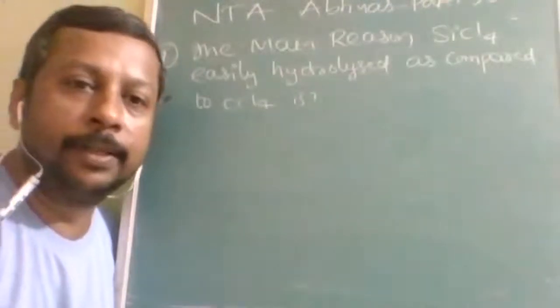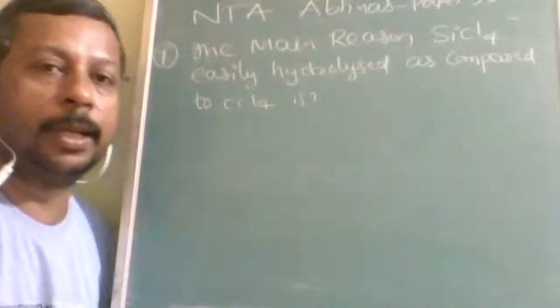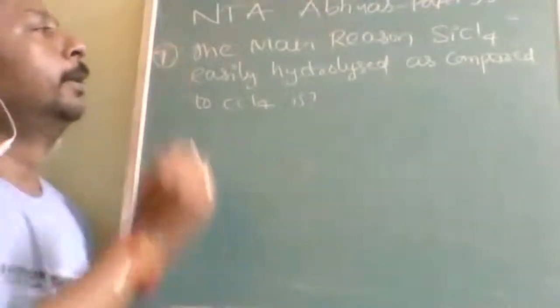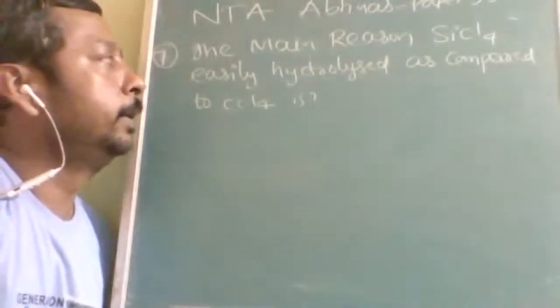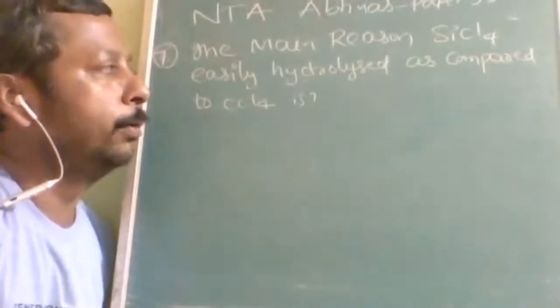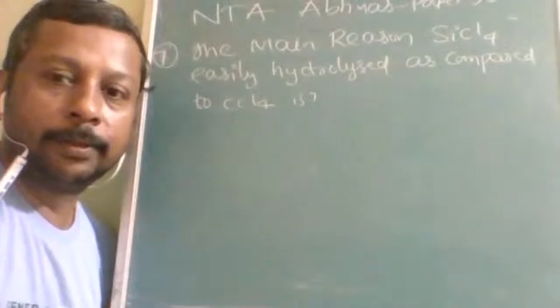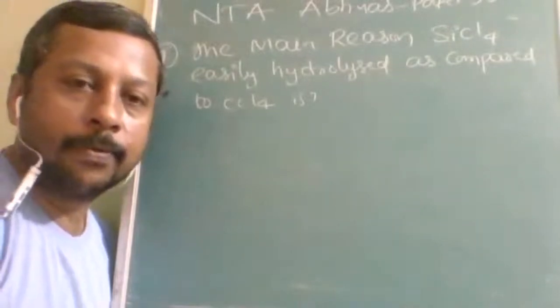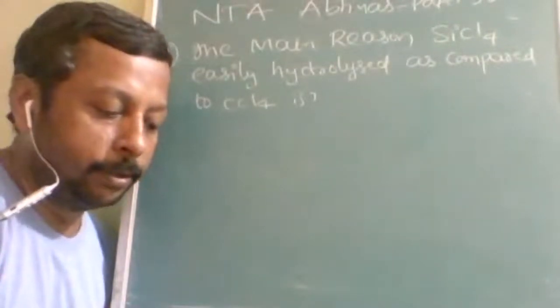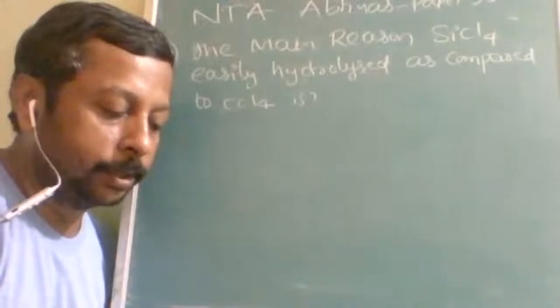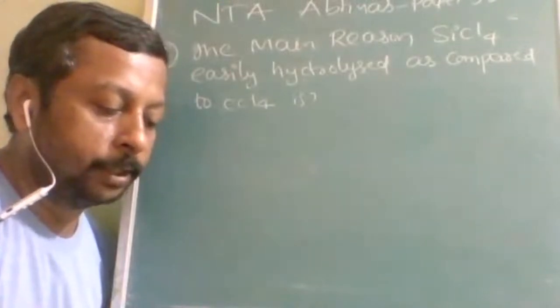A very basic question from NCERT line by line. The main reason SiCl4 is easily hydrolyzed as compared to CCl4. I will read out the options. Very easy question. First, the Si-Cl bond is weaker.